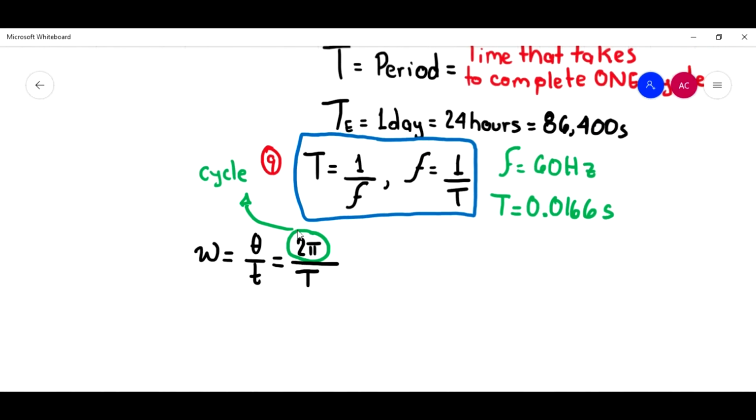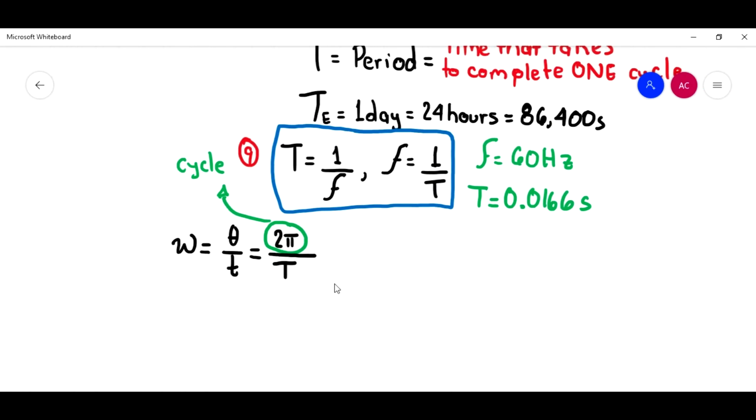This is a cycle and this is the period. So the next equation that I'm going to have for angular velocity is going to be angular velocity equals 2π over the period. I'm going to circle this equation over here, and that will be equation number 10.